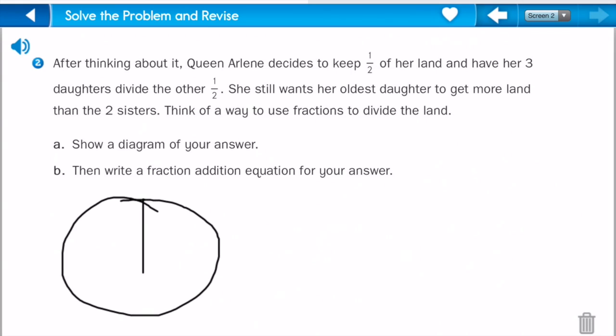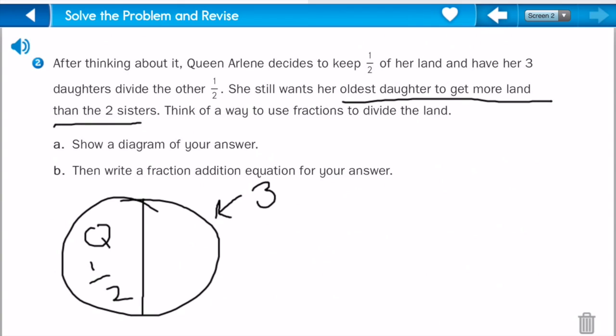So I'm going to draw it in half. I'm going to put a Q for the queen. She wants to keep half. But now, she wants to split this much up with her 3 daughters, but she wants her oldest daughter to get more land than the other 2 sisters.